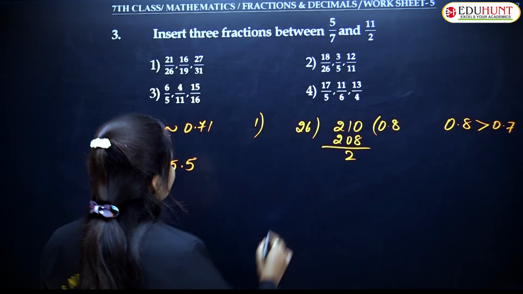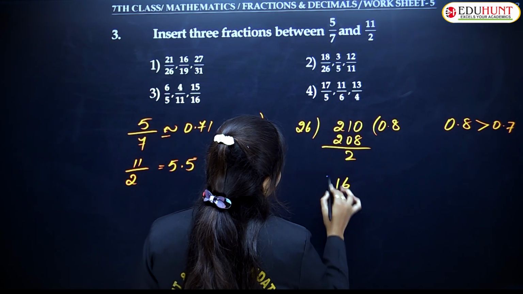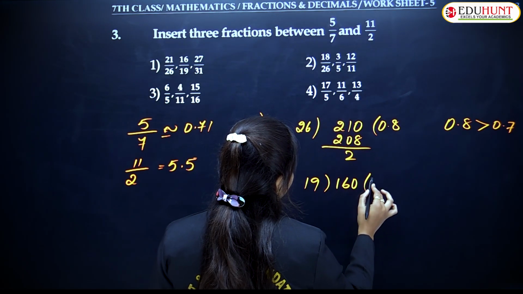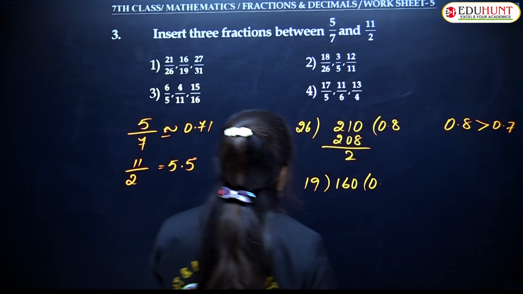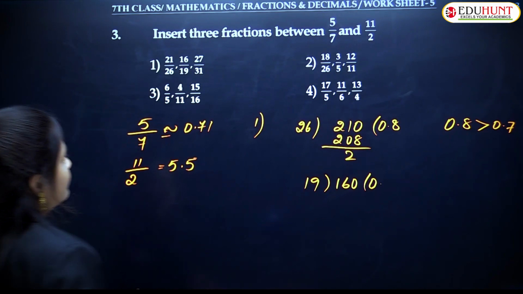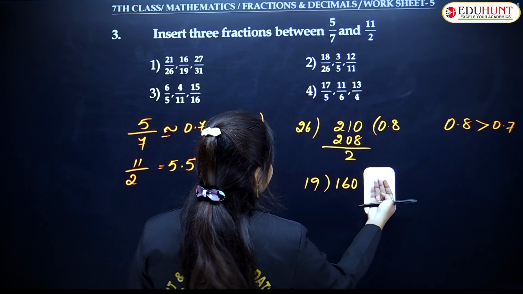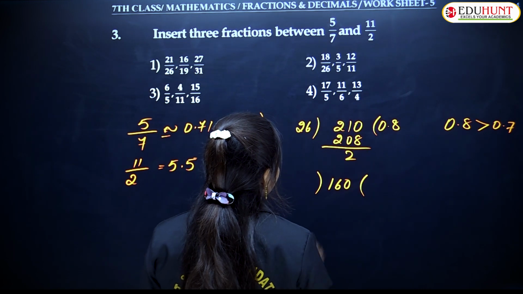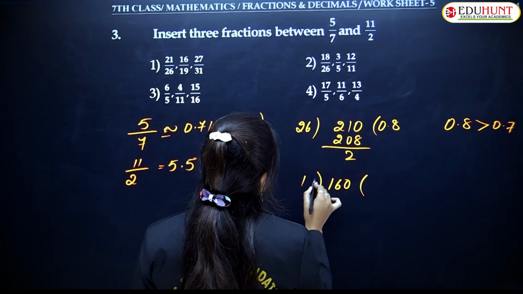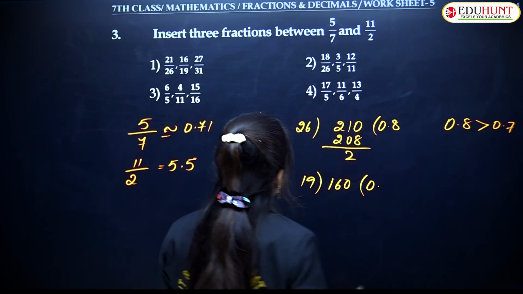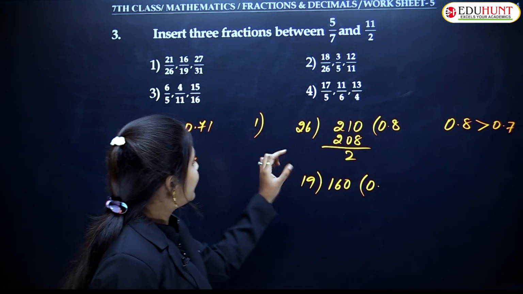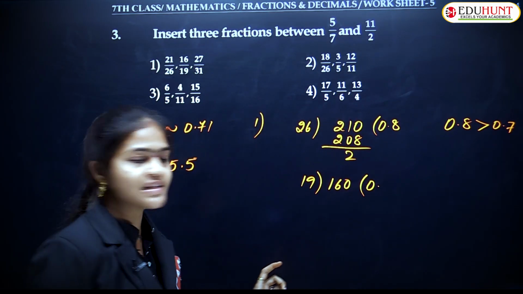Next, second one, 16 divisible by 19. 0 and here keep that 0. See here, ma. 19 into how much is equal to 160? This is not possible, no?